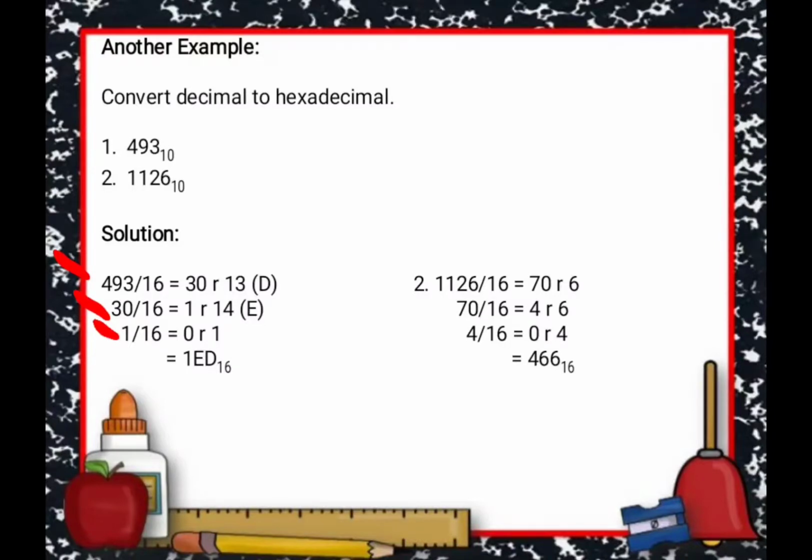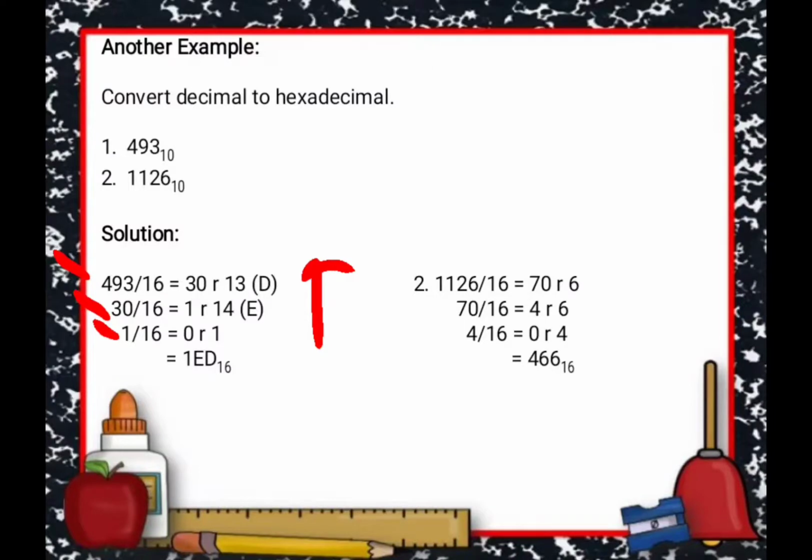To list the hexadecimal number, we look at the remainders from bottom to top. So we have 1. Since the conversion of 14 to a hexadecimal digit is letter E, we write down letter E. Next is 13.